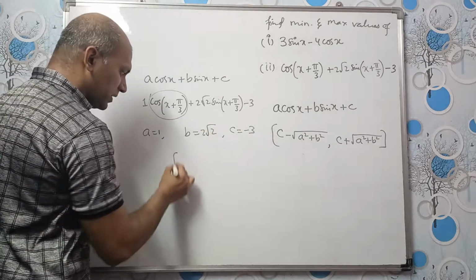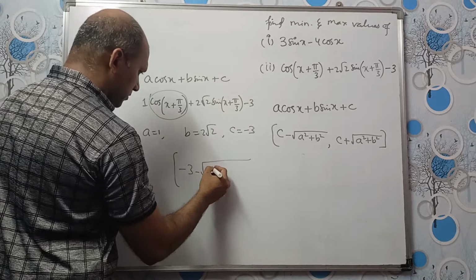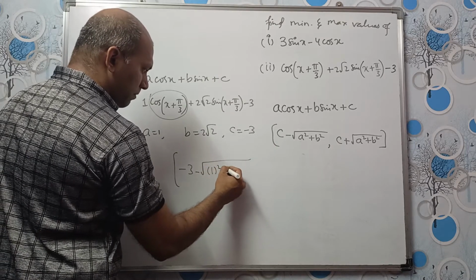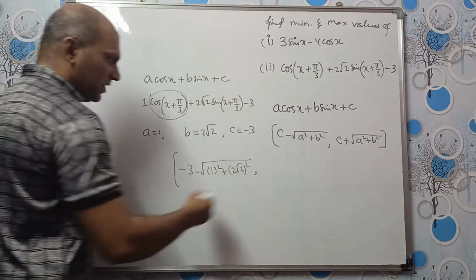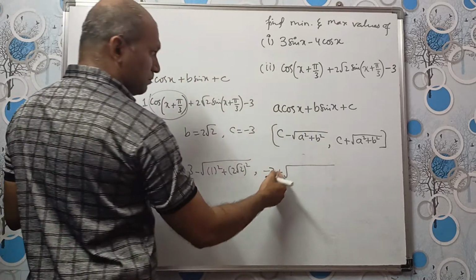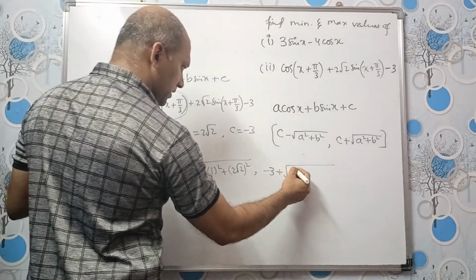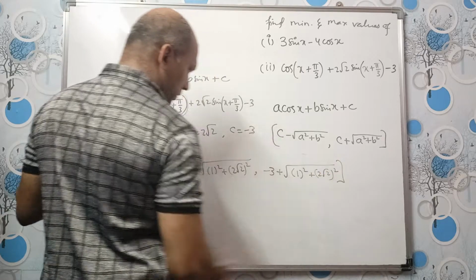Same thing, substitute it there. Minus 3 minus root of a², that is 1², plus (2√2)². This is the minimum value. Maximum value will be minus 3 plus, sorry, c is minus 3, right? Root of 1² + (2√2)².